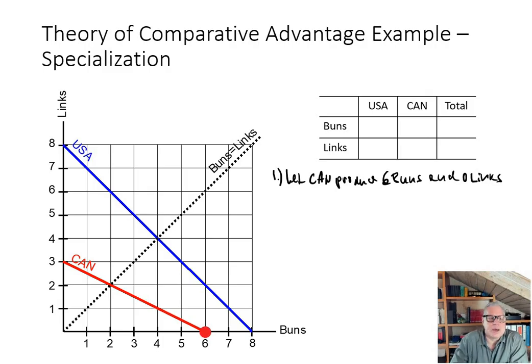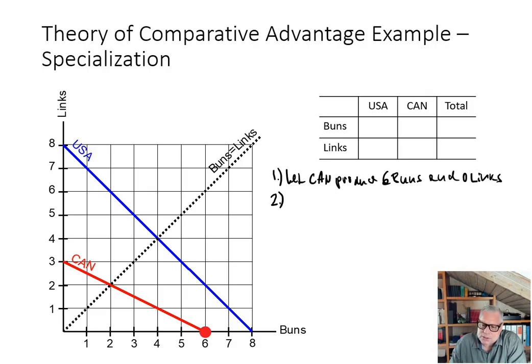Okay, so now the second step is, so we know Canada is the biggest constraint, and let them fully specialize in what they can do the best.